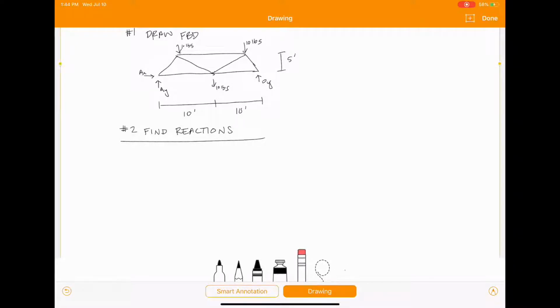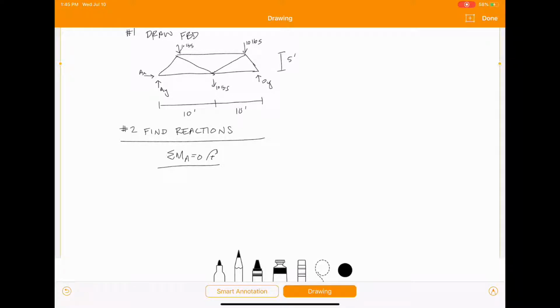So we're going to do our sum of moments about A equals 0. Pick a direction as positive. If you need help with this part, I would recommend you go back and watch the video on equilibrium of a rigid body first, and then come back to this point, because finding the reactions is all a part of equilibrium of a rigid body. That's all covered in that video.